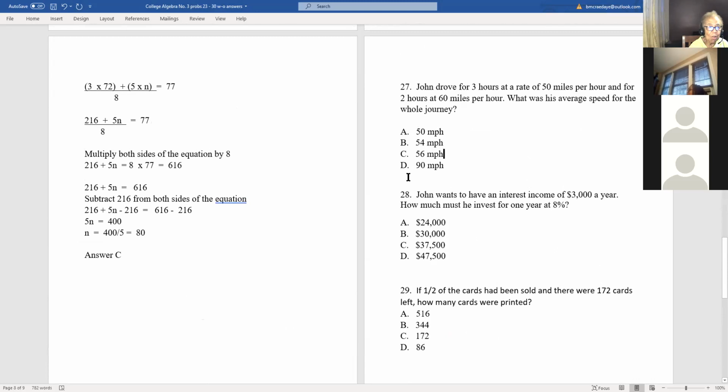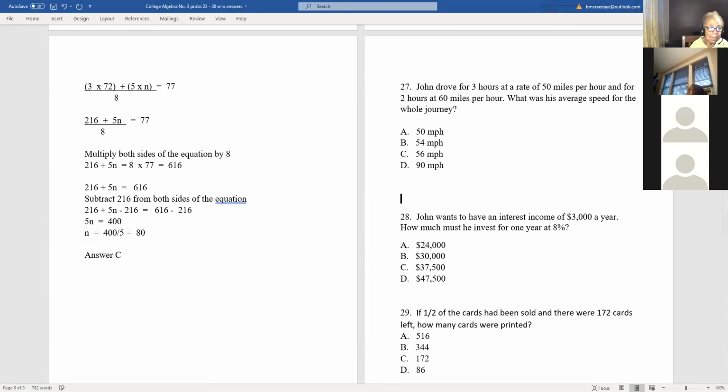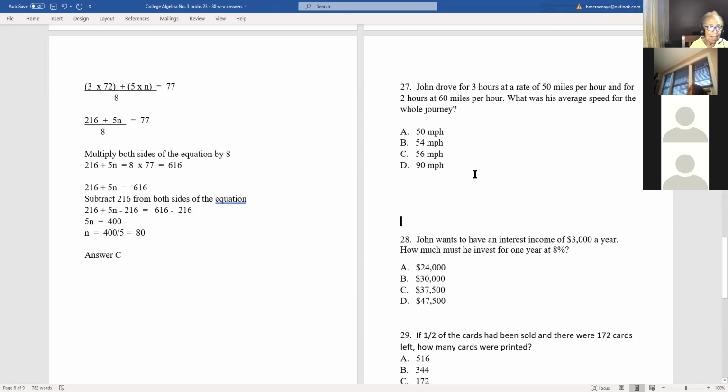Now, what do you know about speed and distance? What's the speed problem? What's the speed formula? Distance, rate, time. Chastity, do you know the formula for finding distance if you know the rate and the time?